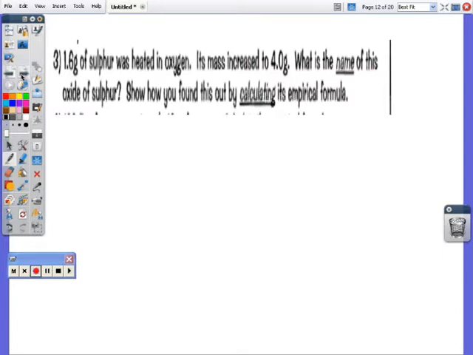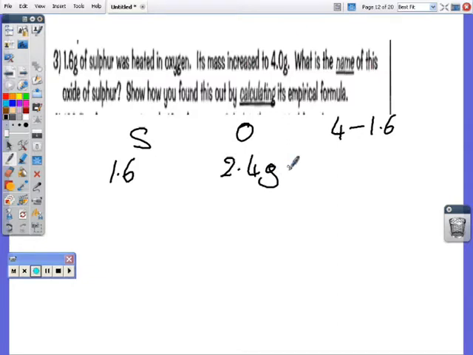Right, let's have a look at this. 1.6 grams of sulfur was heated with oxygen and the mass increased to 4, so we've got a little bit more calculating to do. So we started off with 1.6, the mass increased to 4, so therefore 4 minus 1.6, or in other words, 2.4 grams of that must have been oxygen. So the RM of sulfur is indeed 32.